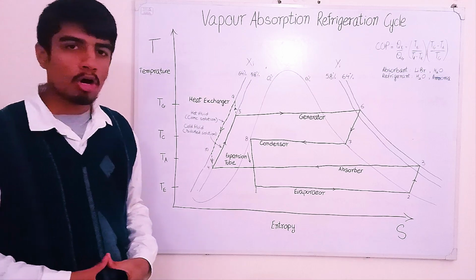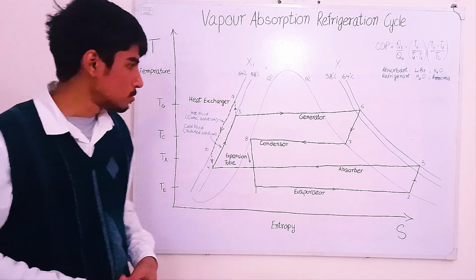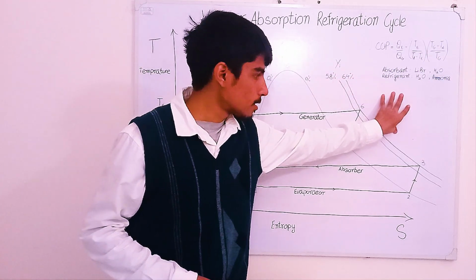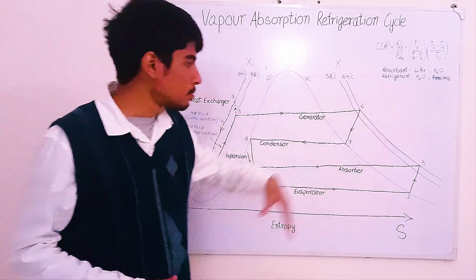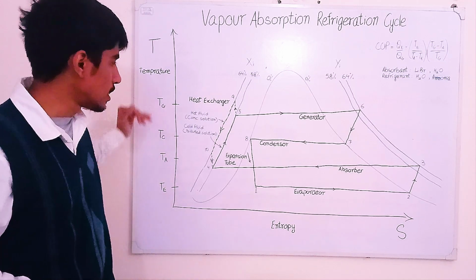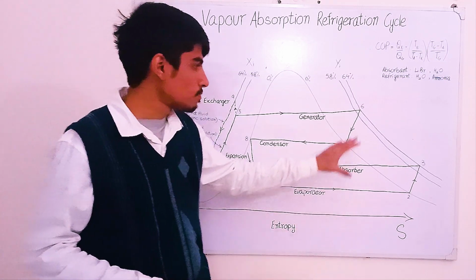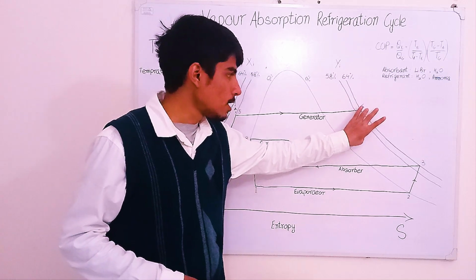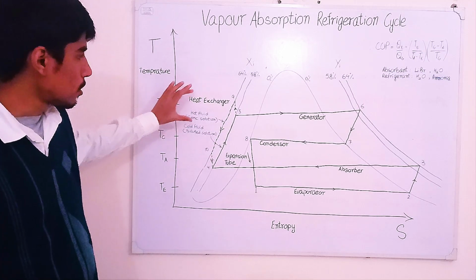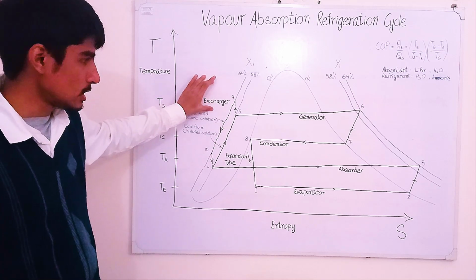And now if I talk about heat rejection, in the subcooled and superheated vapor regions, we observe that whenever heat rejection takes place, temperature decreases. As you can witness at the inlet of the condenser and for the hot fluid of the heat exchanger.